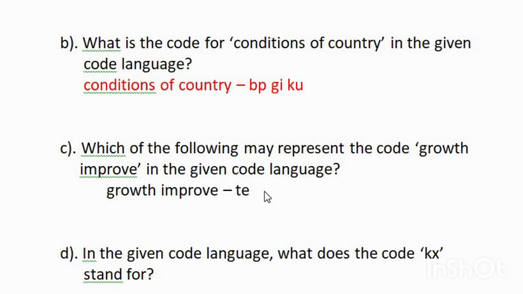Here for example I am writing CS, because CS is not the code for any of the given words in our question, right? So growth improve can be written as TECS. In the exam you have to choose that option which has the code from outside, not in the given words or codes in the question. So here the answer is TECS.